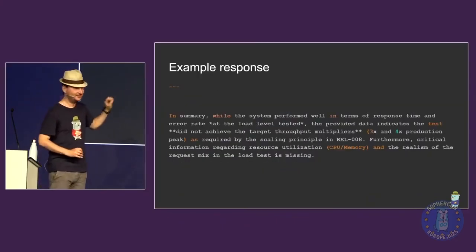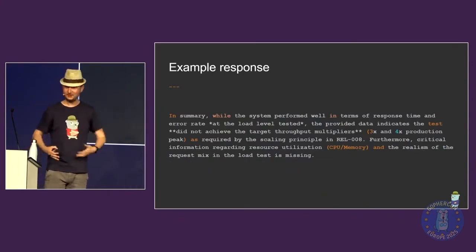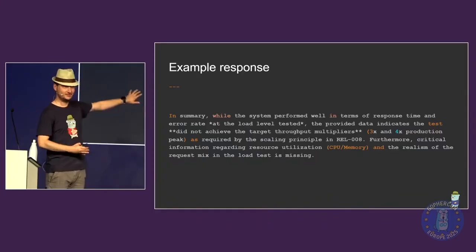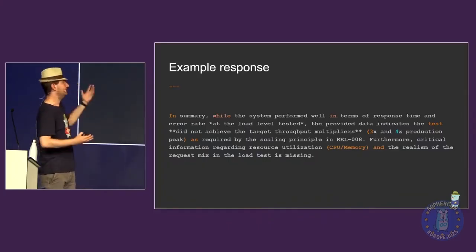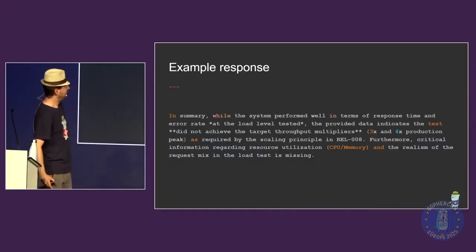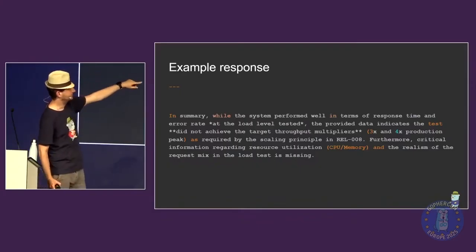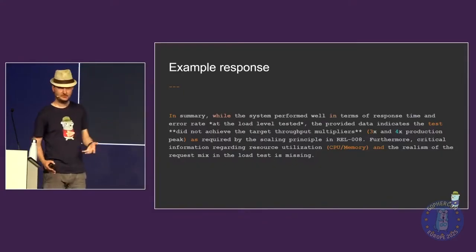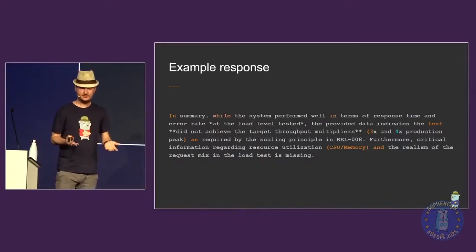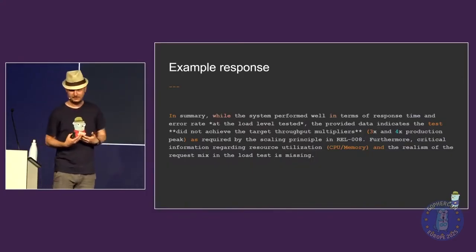This is the part where I was expecting AI to provide some input instead of the previous parts. But yeah, it decided. And I also want to emphasize the latest sentence, which says we don't have information regarding resource utilization, memory and CPU, because in the first runs, we didn't provide this information.